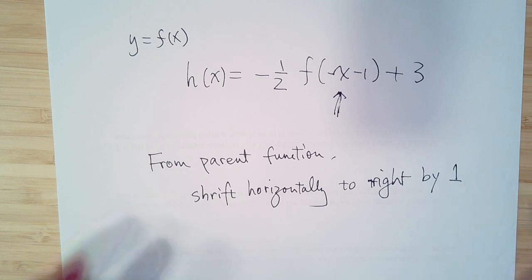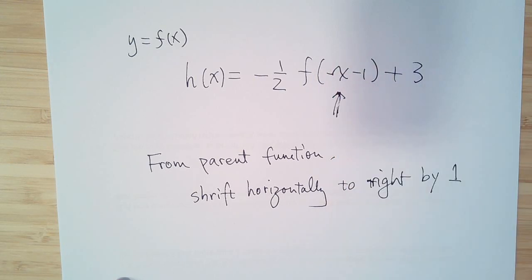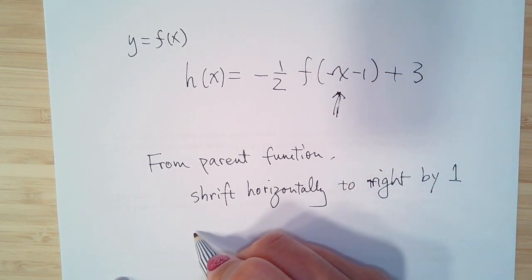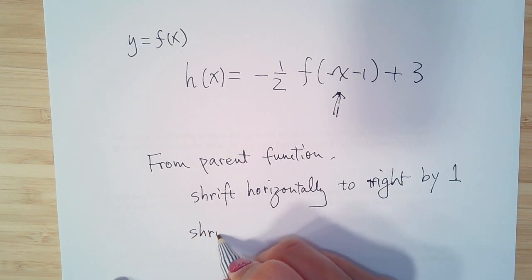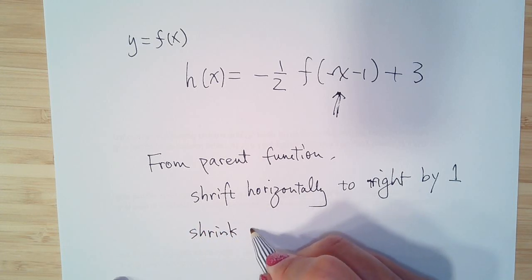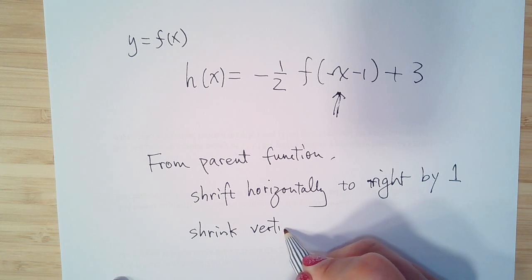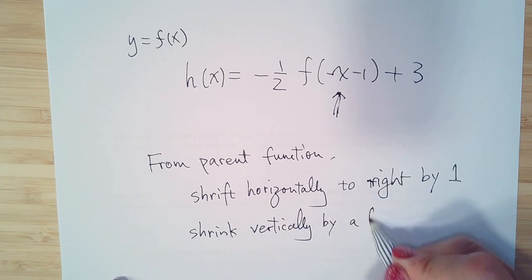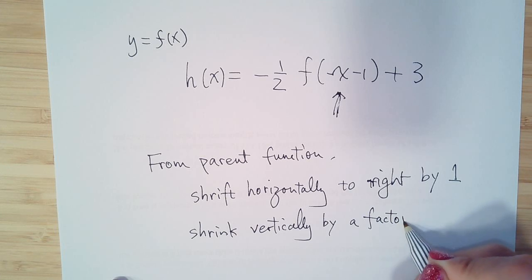That's the first thing you have to do. After you do this, you work with this 1/2, which means you're going to shrink vertically by a factor of 1/2.